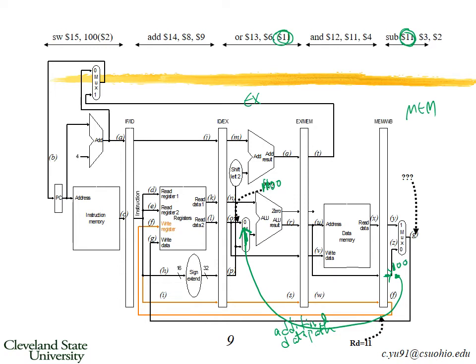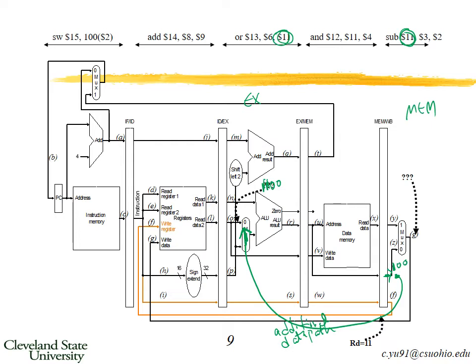Likewise, if the subtract instruction is in the write back stage, and the OR instruction is in the execution stage, with one of the source registers being register 11, which is the destination register in the write back stage, it is the same thing.